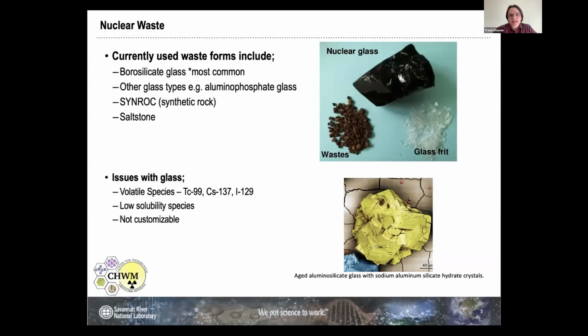Also, another issue is that it is not customizable. You take all of the nuclear waste stream and put it into the glass. So if you have maybe a more specific type of waste stream, maybe you could benefit from different options.